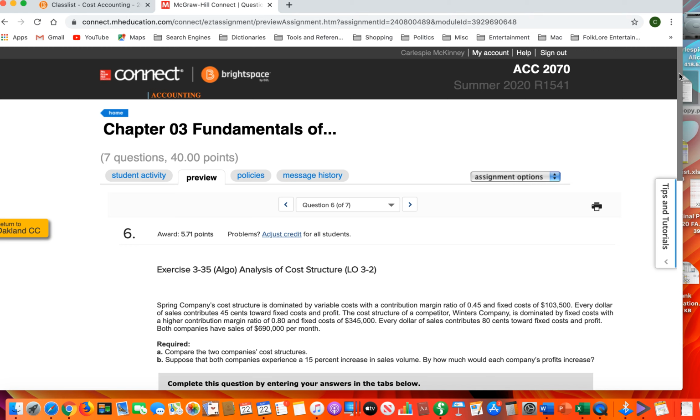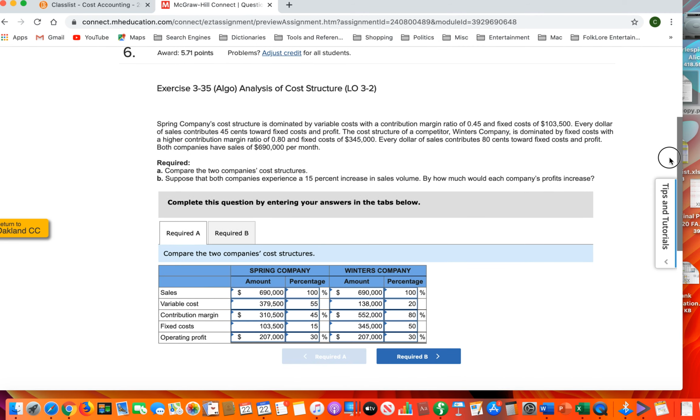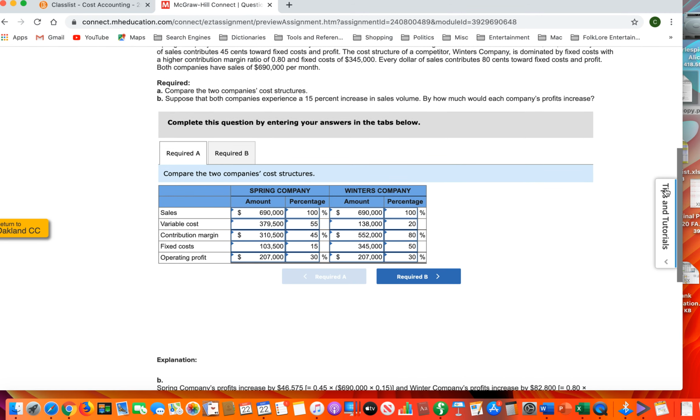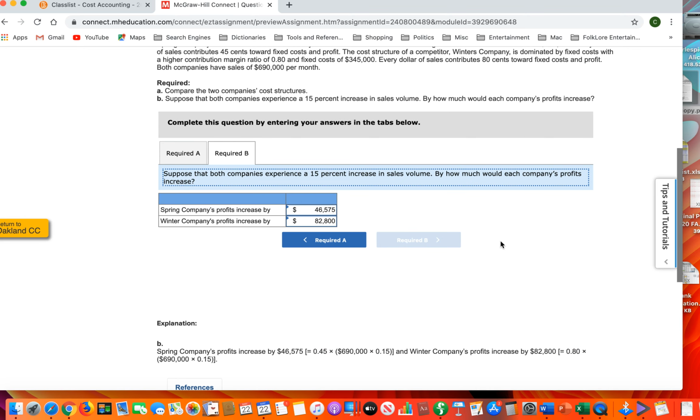So 1.50 times 0.15 equals 0.225. And if you multiply 0.225 times 207,000, you'll get 46,575, which is the increase in profit. We just did this for A, and this is B, 46,575.